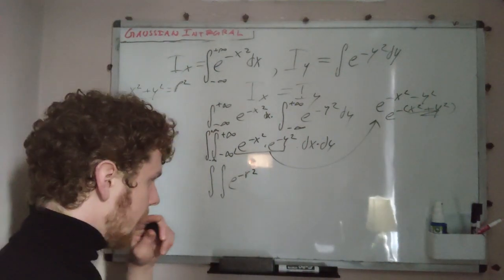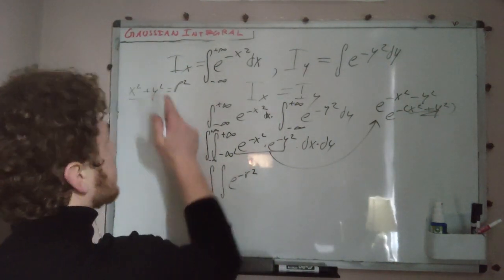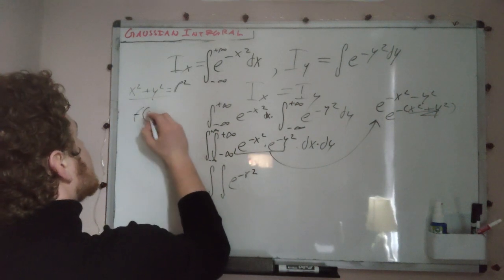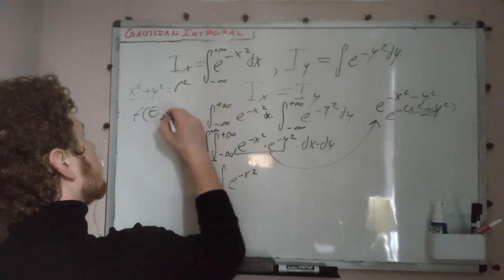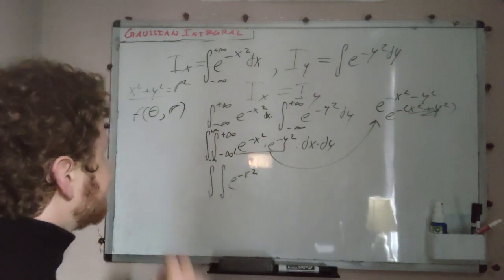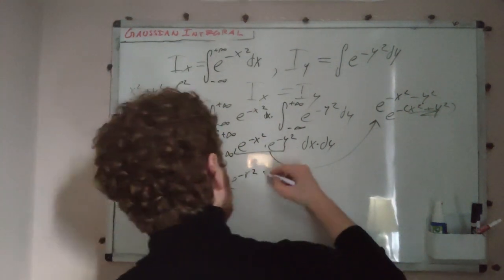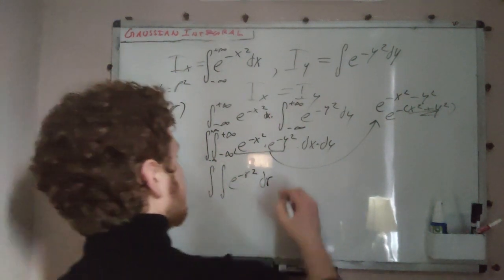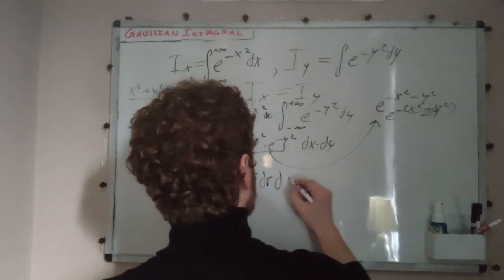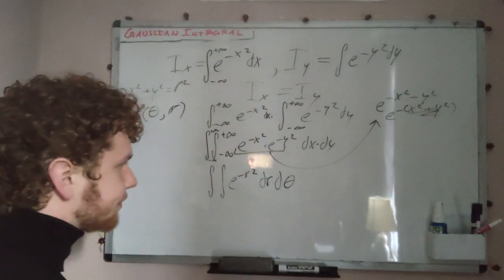So, remember that the polar coordinates are in terms of theta and r. So we need a dr. We need it to be with respect to this, and we need it to be with respect to theta as well, the angle.